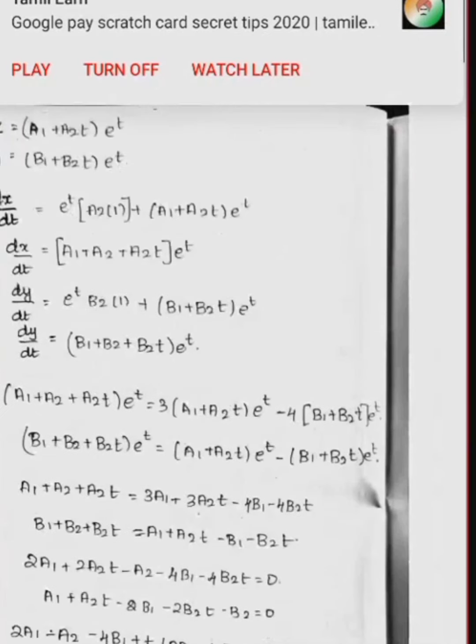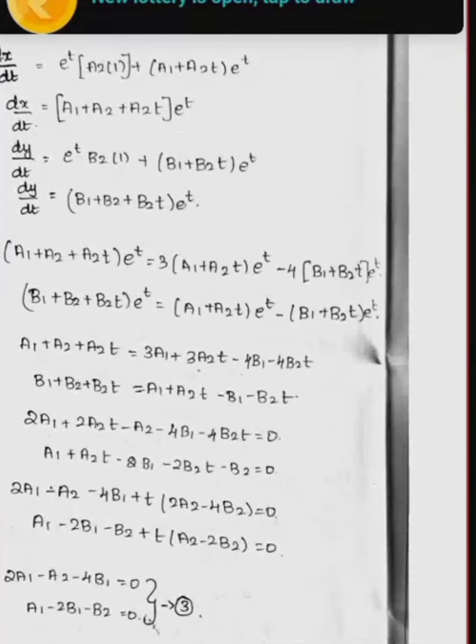So you substitute 2 times t into e to the power t. Similarly, b1 is 0 plus b2 is 1 here, so 1 into t into e to the power t. 0 plus t into e to the power t is simply t into e to the power t. The first one is 1 plus 2t into e to the power t. So this is the required complementary function.